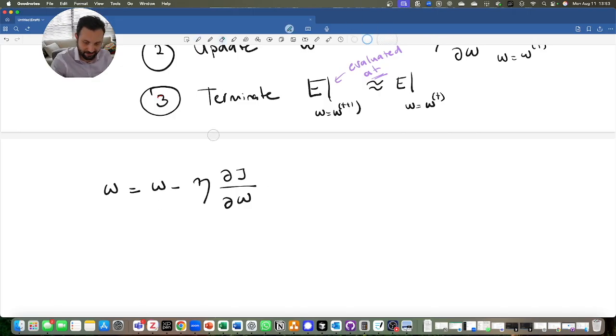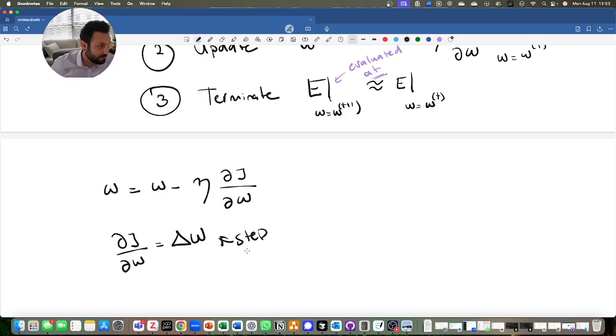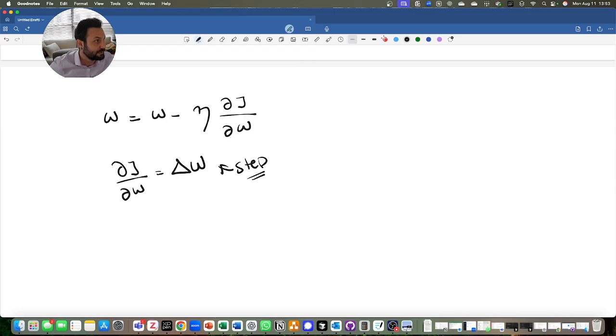So typically, dJ over dW is defined as my weight displacement or step. So this is my step, and this shows me a direction, and this is the step size, or there's another name for this, learning rate.